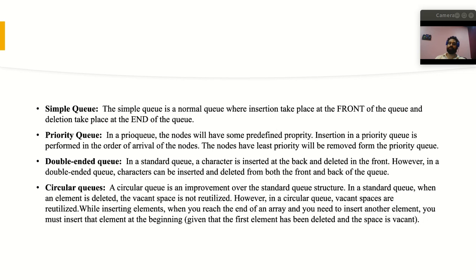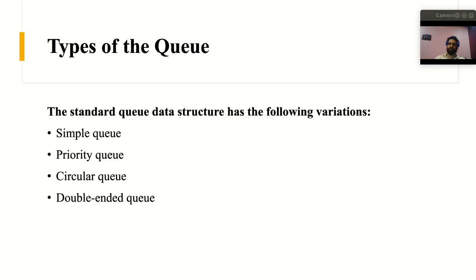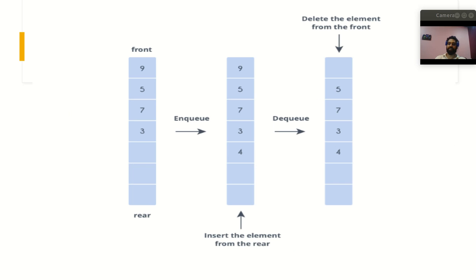Now the fourth type is the circular queue. A circular queue is an improvement over the standard queue structure. In a standard queue, when an element is deleted, the vacant space is not utilized. Let's say in this diagram, if we delete this 9, then this space will not be utilized.